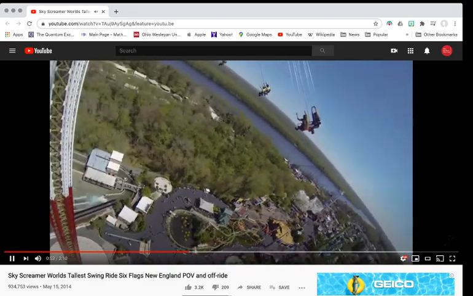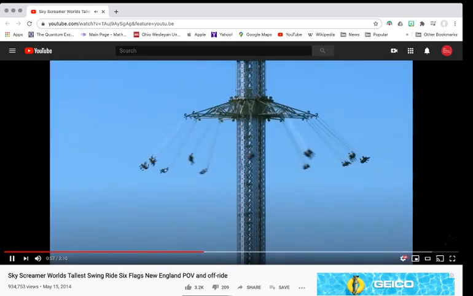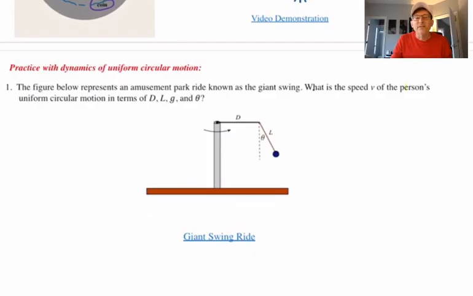So I want us to analyze this motion. Now let me get back here. Here is my very schematic drawing of what I just showed you.